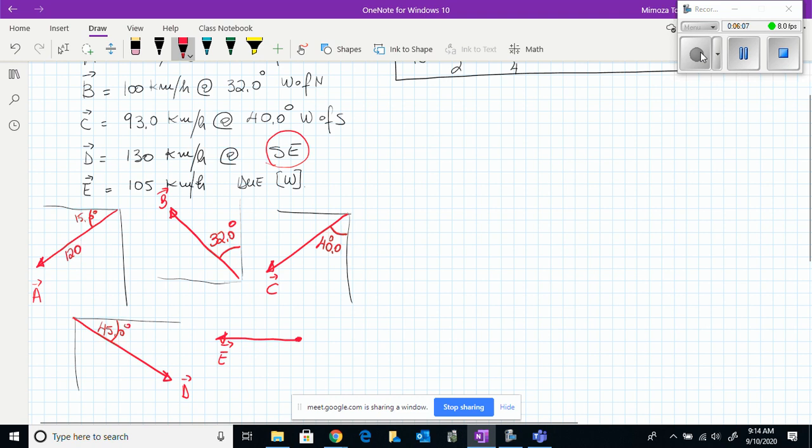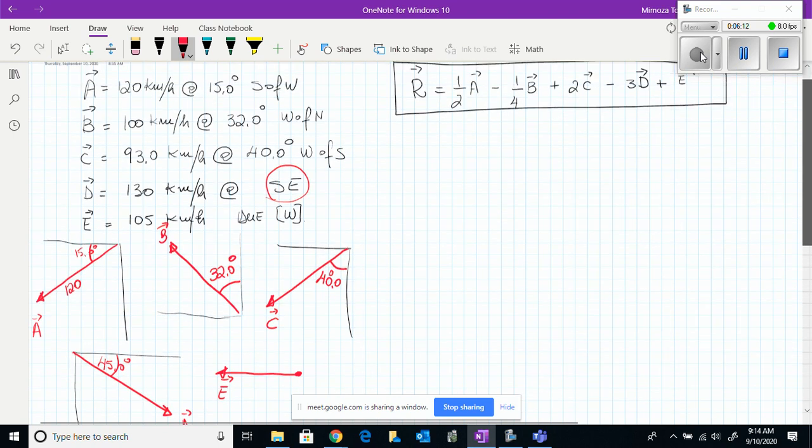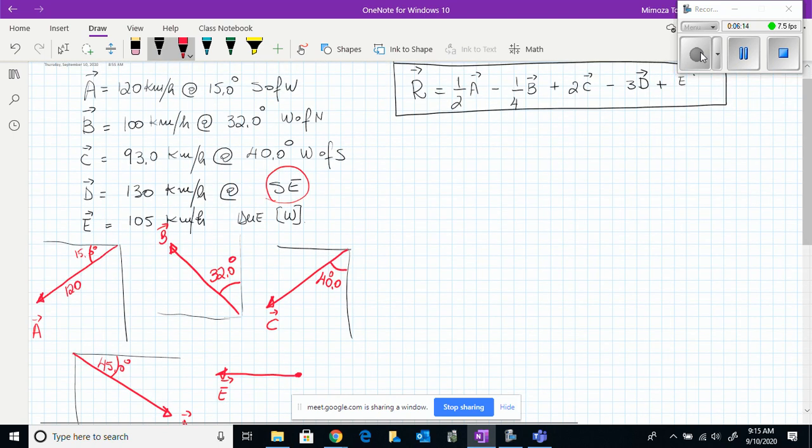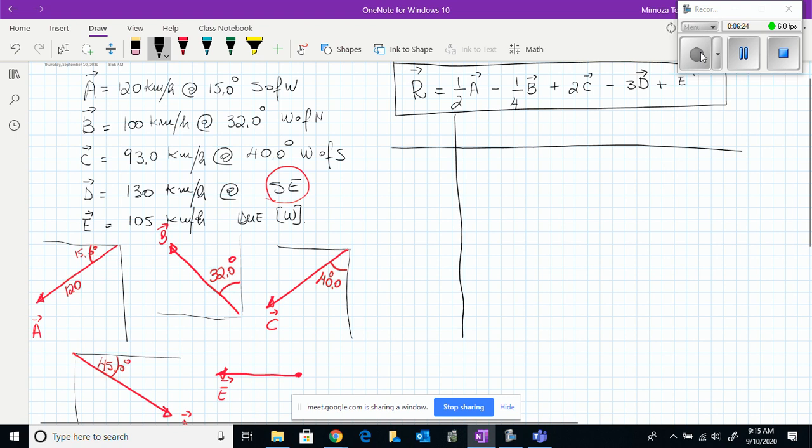Okay, now let's start working with the expression that we have here. So we said that we will build a table that has 3 columns. On the first one, we will have the vectors that we are working with. So in this case, it will be 1/2A minus 1/4B plus 2C minus 3D and E. And then on the second column, we will have the horizontal component.